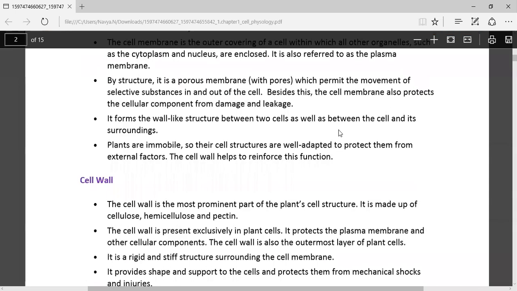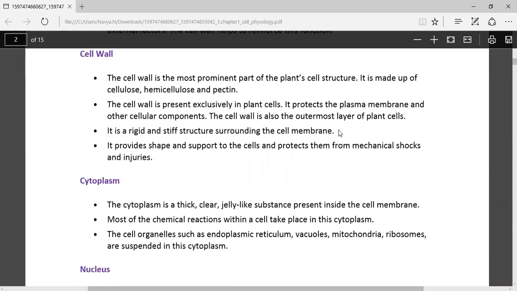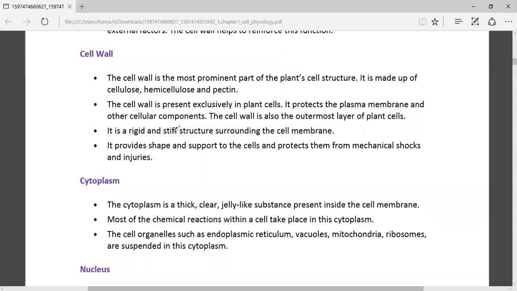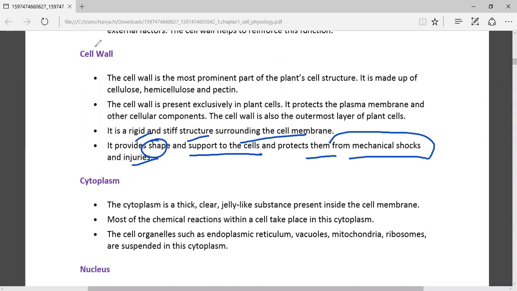Let us go through some more detail. It is a very rigid and stiff structure surrounding the cell membrane. It protects the shape, supports the cell, and protects it from mechanical shocks and injuries.